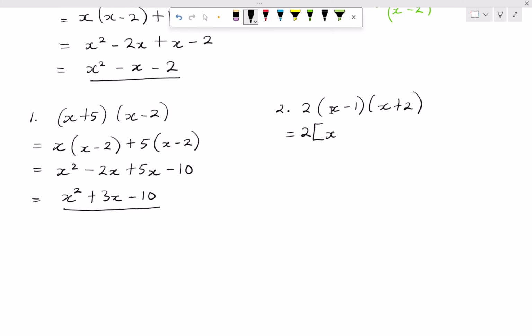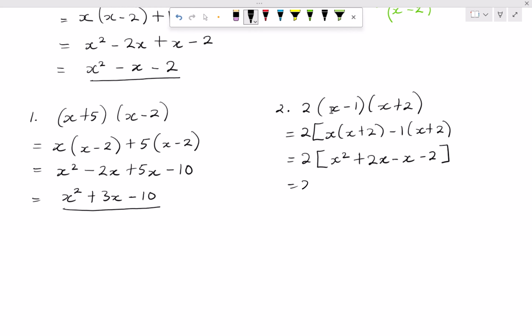So we have x minus 1, x plus 2. We'll deal with 2 later. So x times x, that's x squared, plus x times 2, that's 2x, minus 1 times x, that's minus x, minus 1 times 2, that's minus 2.